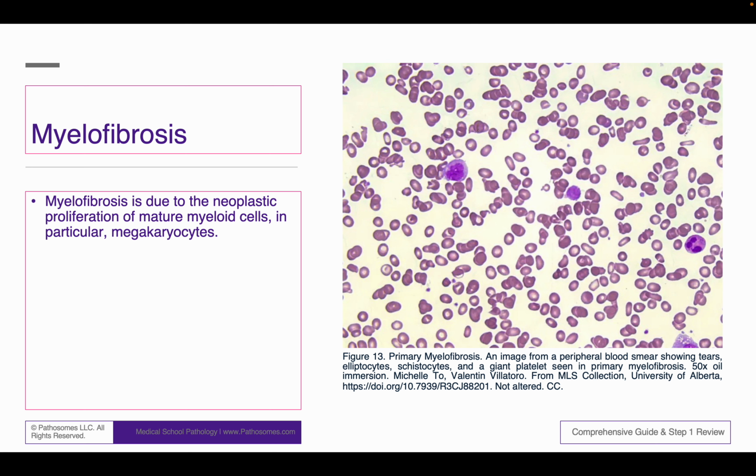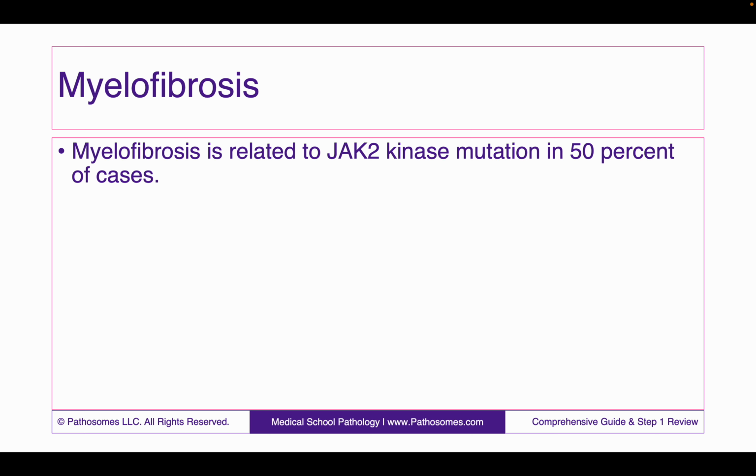Let's talk about myelofibrosis now. Myelofibrosis is due to the neoplastic proliferation of mature myeloid cells, and particularly megakaryocytes. Myelofibrosis is also related to JAK2 kinase mutation in 50% of cases.